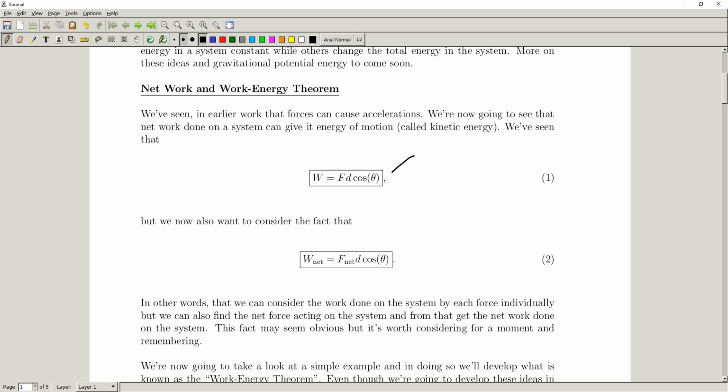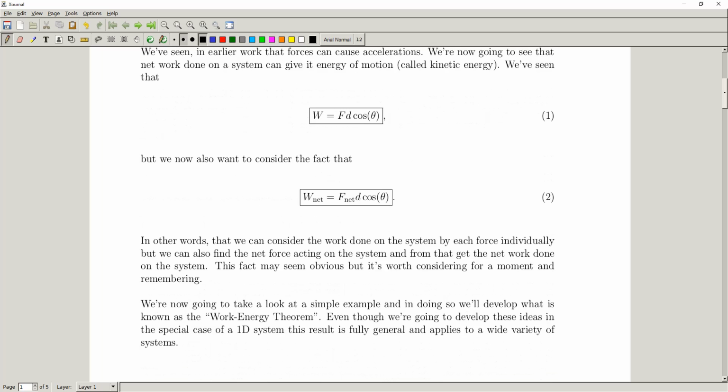But we also want to point out, jumping back to what we looked at last video, that we came up with this idea that the work done on a system is equal to the force applied to the system times the displacement experienced by the system times the cosine of the angle between them, right? But we also want to consider the fact that this is true for net force as well.